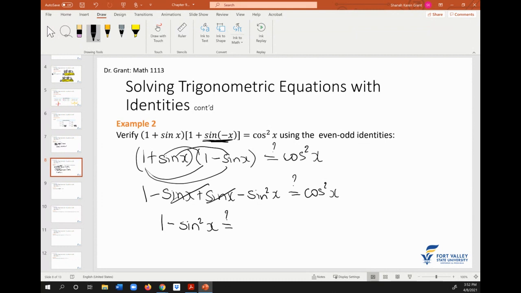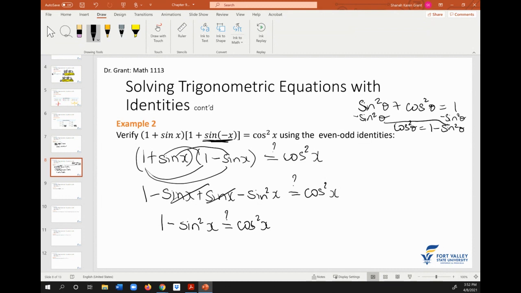Okay, so remember I told you the Pythagorean identity, the first one that we had, we can come up with quite a bit, right? So we had that sine squared theta plus cosine squared theta equals 1. Well, if I subtract sine squared theta from both sides, what do I end up with? I end up with cosine squared theta equals 1 minus sine squared theta.